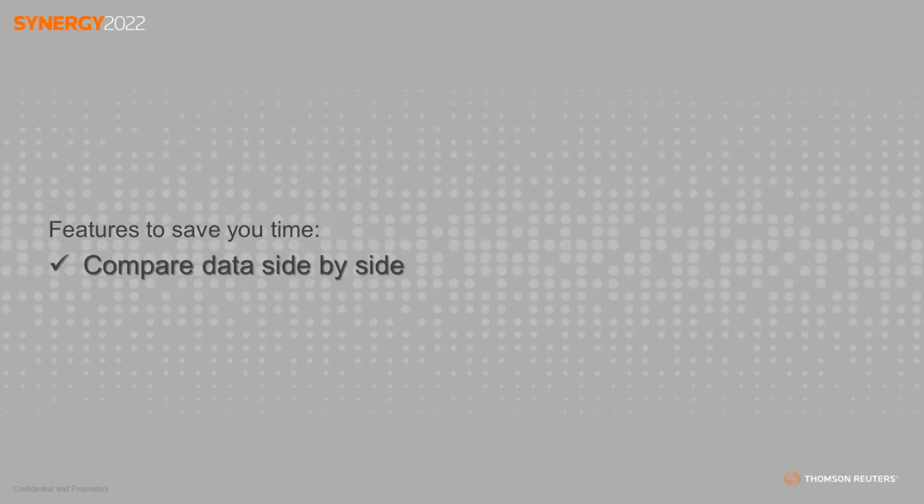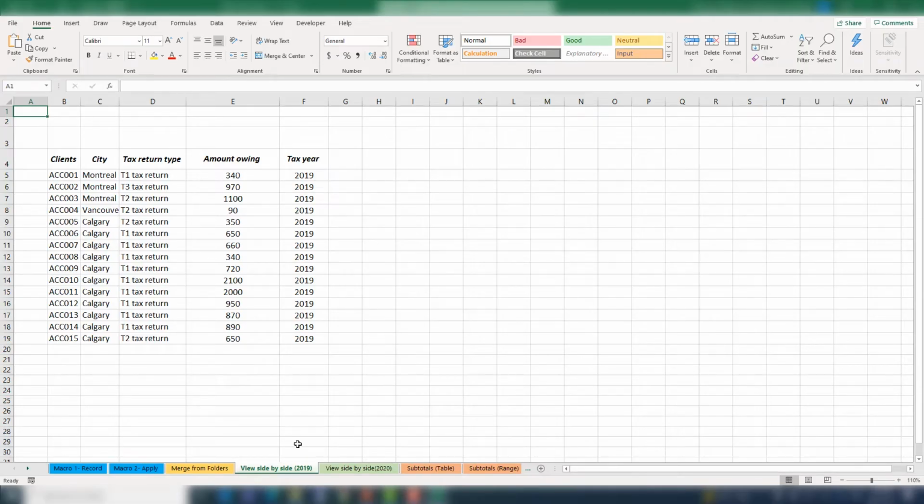So let's say, for example, I would like to compare the data from 2019 to the data of 2020. I can go back and forth, but it would be just easier if I could have them side by side so that I can easily compare them.